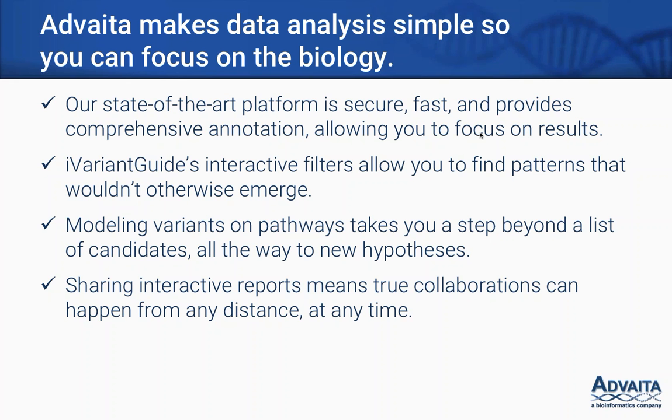Our powerful pathway analysis allows you to generate new hypotheses about your data and get meaning out of your variants. And the ability to share interactive reports means that your collaborators can explore the data as much as they want, increasing the amount of insight you can get from the same analysis.